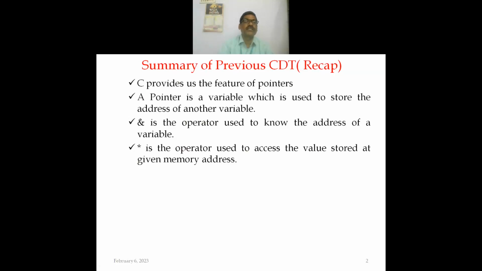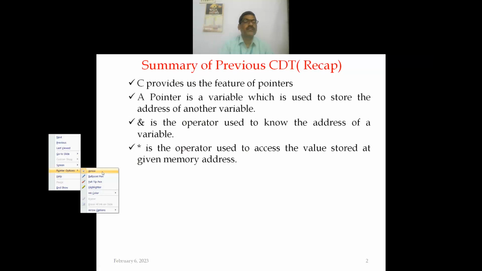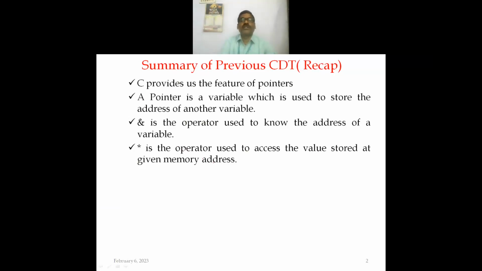One is the address-of operator, and the other is the star operator, which is called the pointer indirection operator. These two operators are used in pointers, which we saw in the previous example by taking one program.